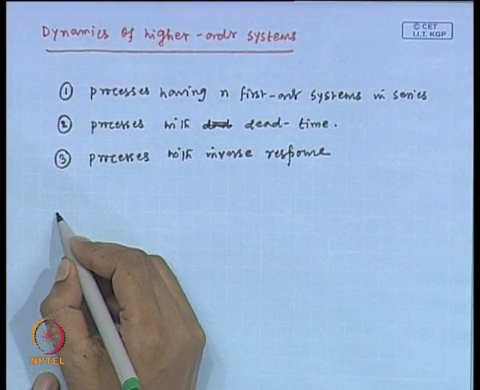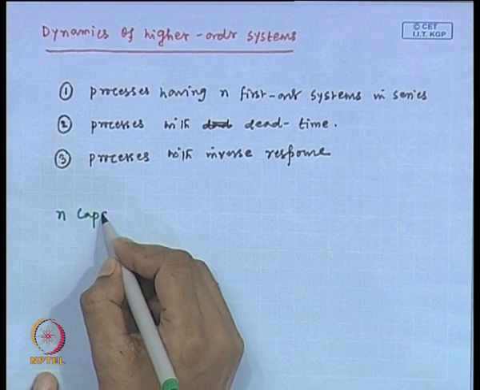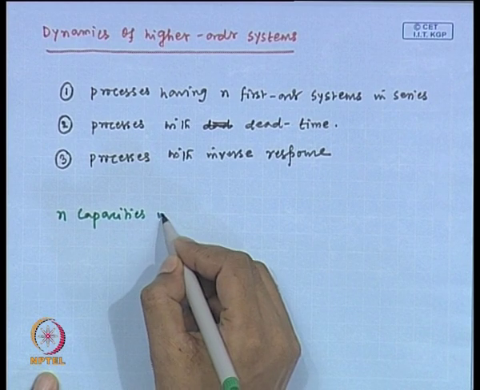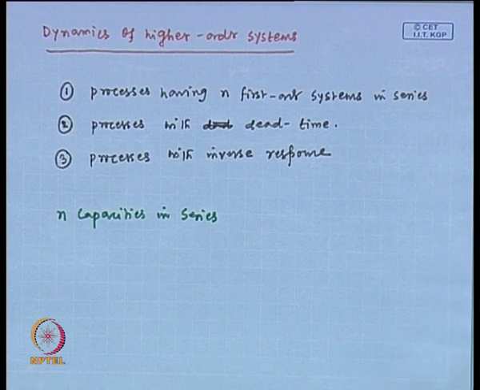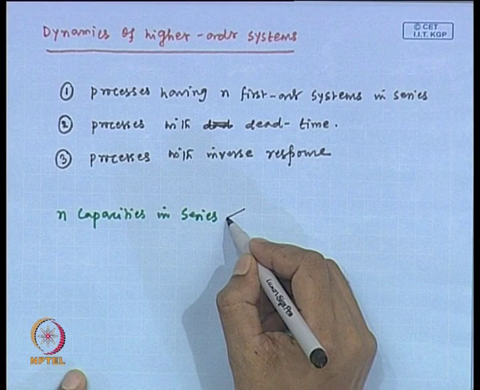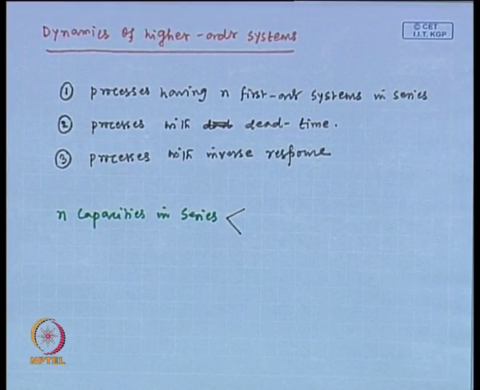So first we will discuss n first order processes connected in series. First we will discuss n capacities in series. We can classify this into two different systems. One is n non-interacting capacities in series, another one is n interacting capacities in series.